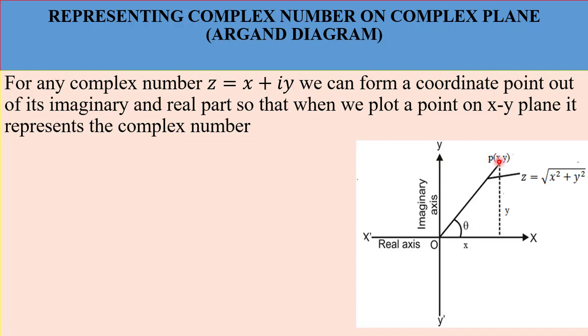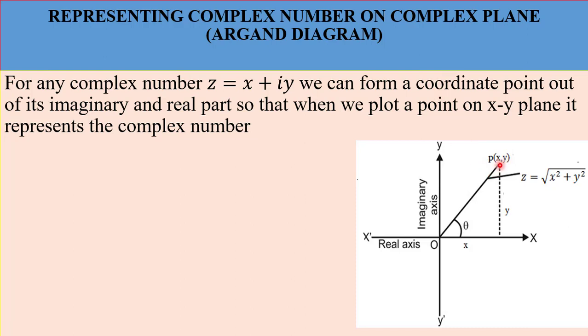If these two points are plotted and joined together, this complex number will have been represented as a diagram, and this diagram is what we call the Argand diagram.